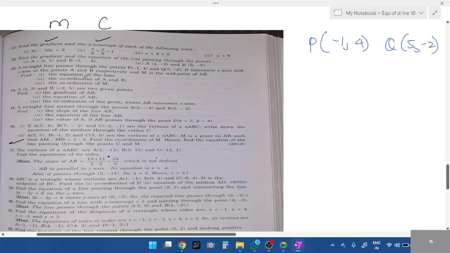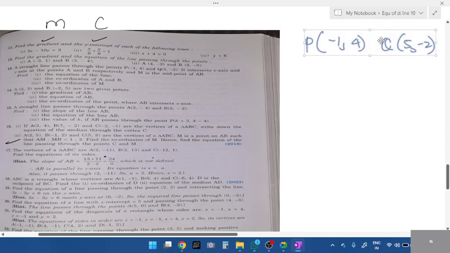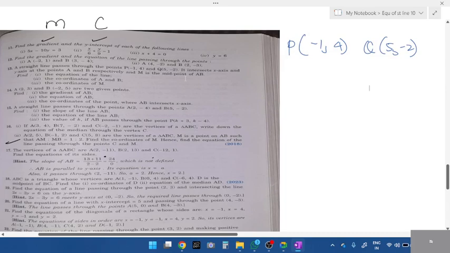Where is AB? Points A and B. A straight line passing through the points, we have 2 points. It intersects X axis and Y axis at points A and B. M is the midpoint. Find the equation of the line and the coordinates of A and B.